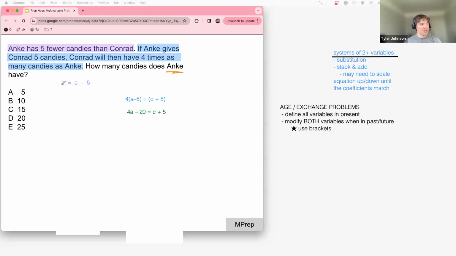So rather than substitute out A, I want to preserve A and substitute out C. So rewrite that first equation so it's all in terms of C. And now you can replace that C with A plus 5. And from here, it's just a matter of solving out for A. And you should get that A is 10. So your answer is B.